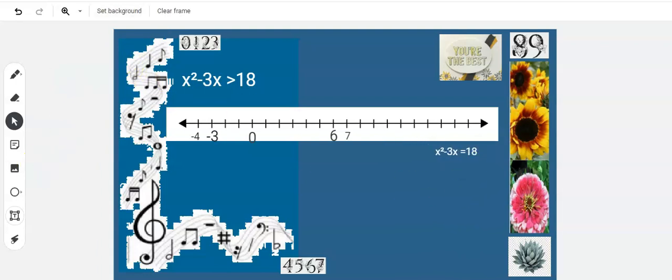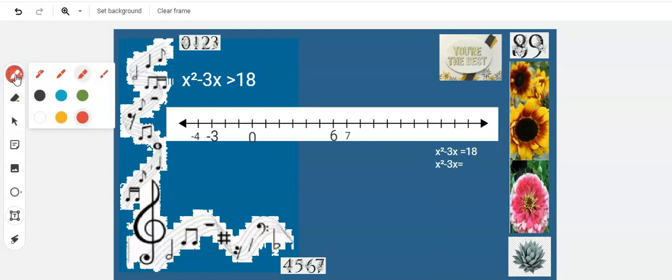Second step, i-transform nato ang equation into the standard form of a quadratic equation wherein ang tanang terms, ang quadratic term, ang linear term, and ang constant term naa sa left side of the equation para ang mahibilin na lang sa right side kay 0. Okay, so the next step, we copy x squared, kinahanglan naman siya sa left side. We copy negative 3x nga naa pud sa left side, and then i-transpose.